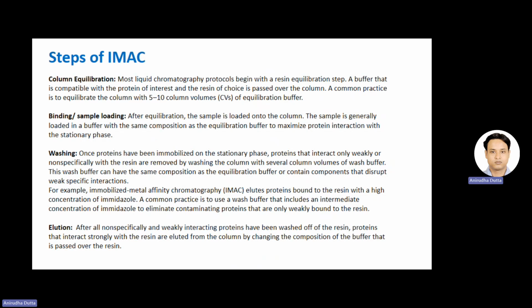We express the amount of buffer run through the column in column volume units. If the column is 10 ml, then one column volume is 10 ml. If the column is 5 ml, then one column volume is 5 ml. So as a rule of thumb, we run 5 to 10 column volumes of equilibration buffer.